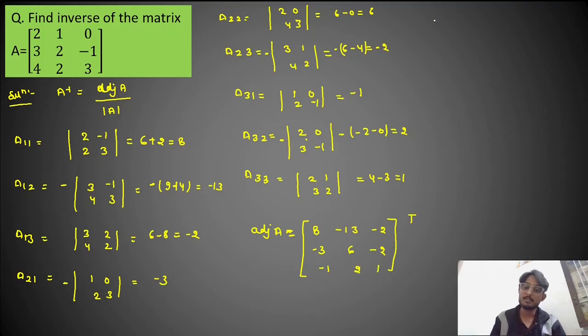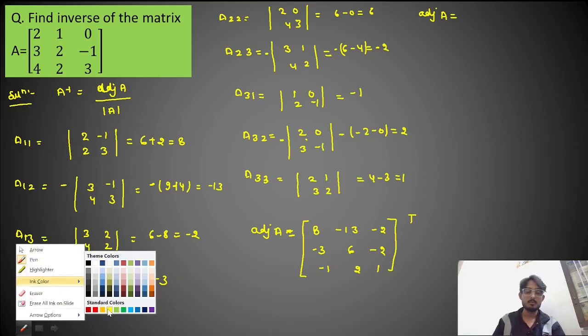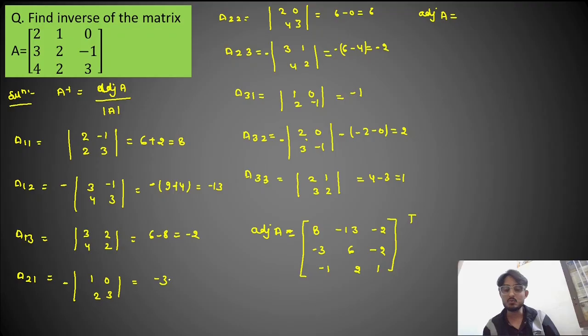Now what is the adjoint of A? You can write the adjoint of A as the transpose of this matrix. What is the transpose? Transpose means interchanging the rows and columns. It means interchange the first row with the first column, the second row with the second column, and the third row with the third column. It means make columns into rows or rows into columns.